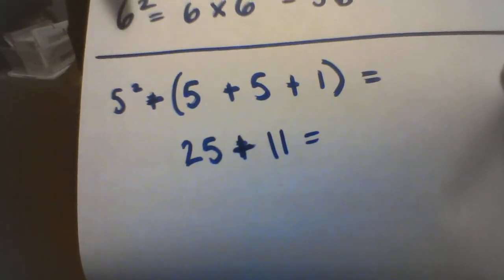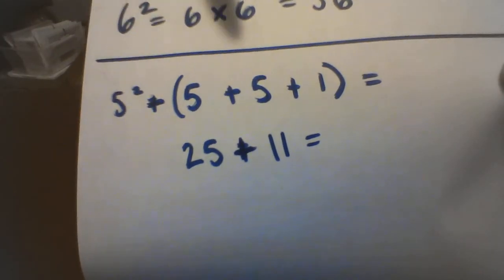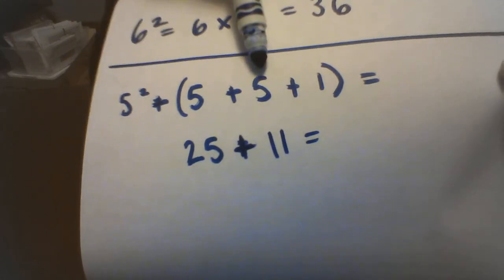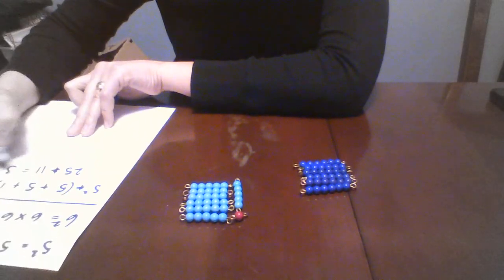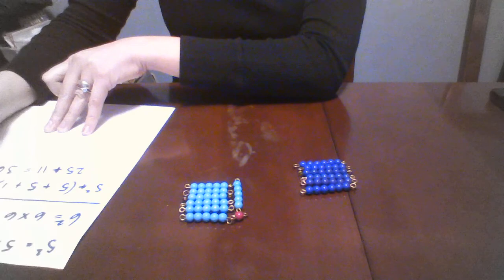So do you see how I got my 25 from 5 squared, and over here I got 5 plus 5 plus 1 equals 11. So now I need to add 25 plus 11, and that is 36, which is the same as 6 squared.